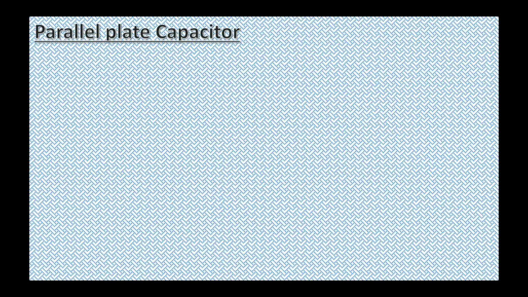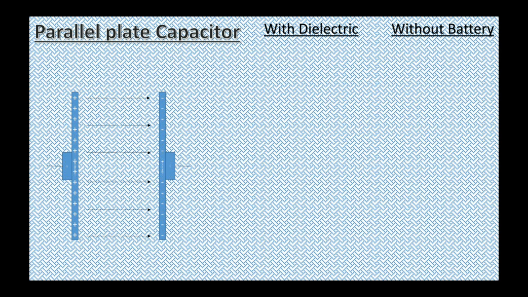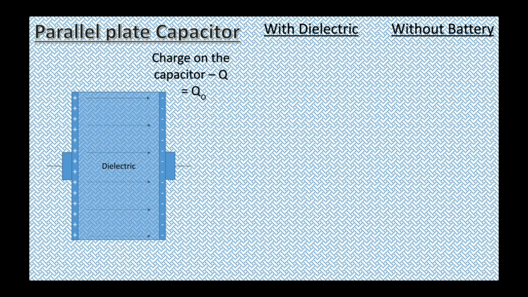Now let us see what will happen if we insert a dielectric without any battery connection. That means the capacitor is not connected to a battery, but we insert a dielectric in that region, as you can see here.